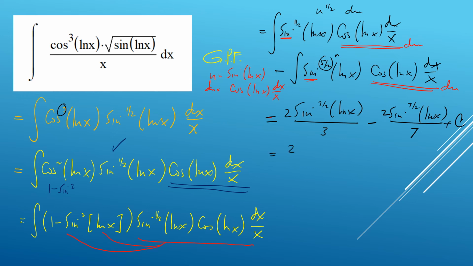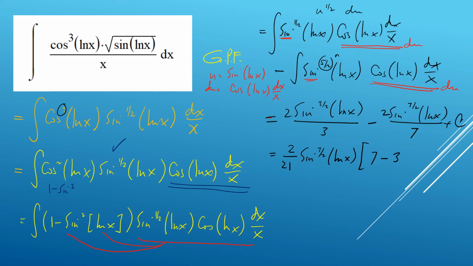Let me factor 2 over 21 and sine to the 3 halves of ln x. So factoring 2 over 21 from 2/3, that will be 21 divided by 3, 7. Now we factored sine to the 3 halves, minus, we factored 2, 21 over 7 is 3.